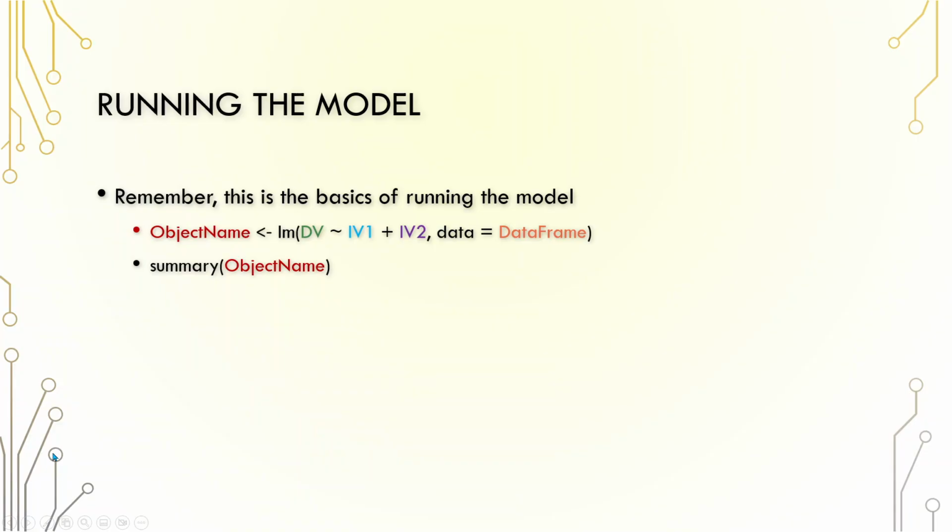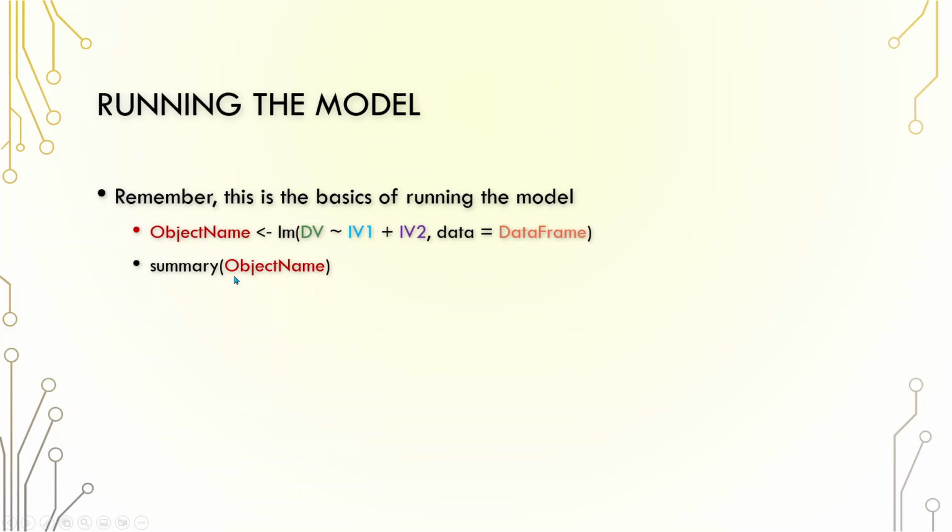Okay, so here's the code for running a regression model. And I've been saying, second half of the semester, the code's going to be a whole lot easier. Well, this is all our code for this week. So you're going to have an object name, whatever you want to call that, then lm, then you put your dependent variable first, then a squiggly line, then your list of independent variables, and there needs to be a plus symbol in between each one, then a comma, and then you're going to specify your data frame.